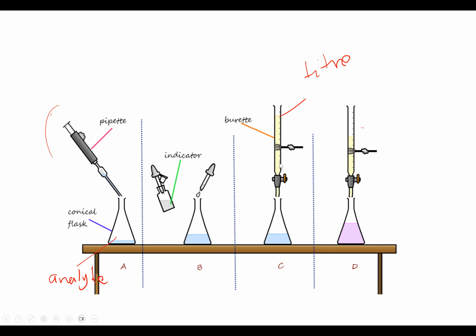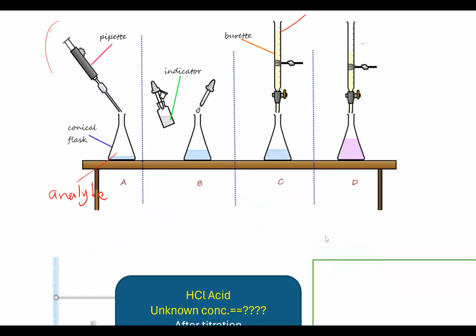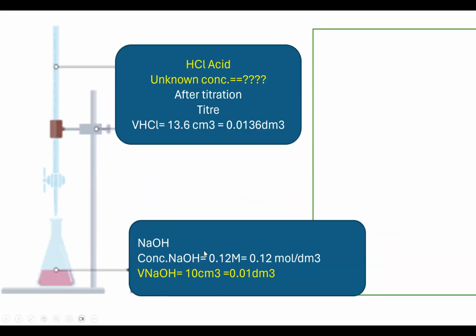And then in the burette, you're going to fill the solution with the other reagent, which is also called the titrant. And then you slowly open the tap, and see how much volume of the burette was needed to cause a color change in the indicator.